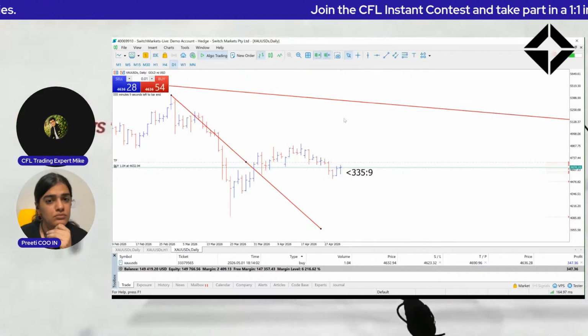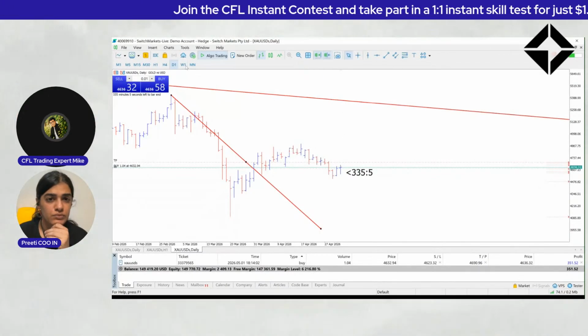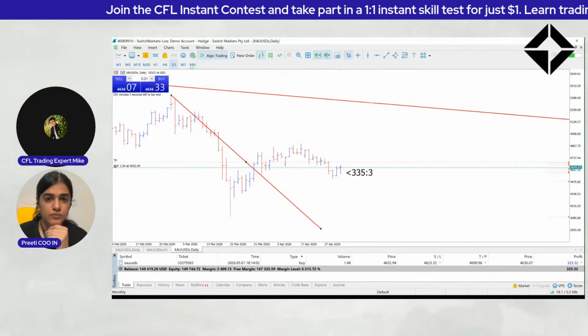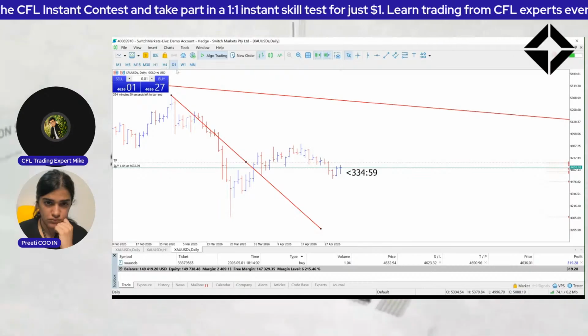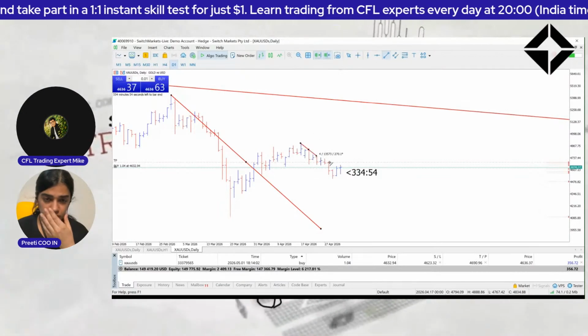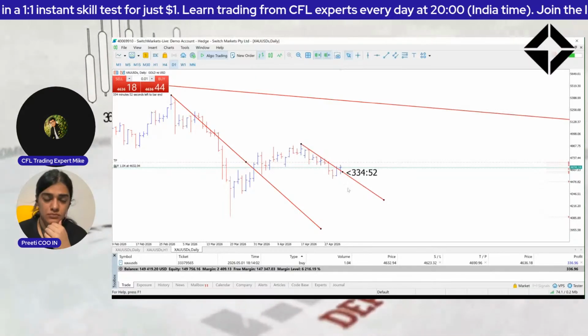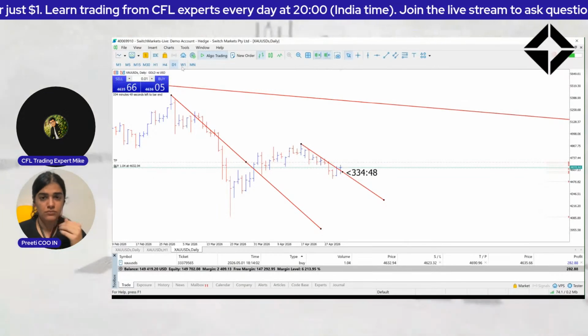Struggle 53. Oh, it's near to the high already, 55, 56. So it's a bit sketchy here. So you have to look at this structure, and if it struggles and breaks down, we will know.